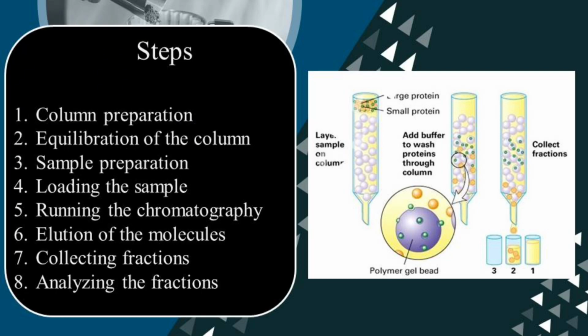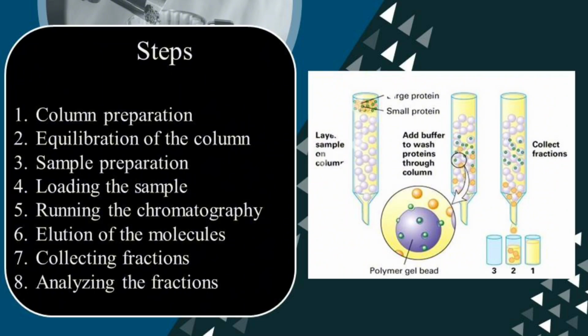The eluent flows down through the column, allowing the sample molecules to interact with the gel matrix. Smaller molecules can enter the pores of the gel matrix and have a longer path, resulting in slower elution. Larger molecules cannot enter the pores and elute faster as they take the direct path through the column.